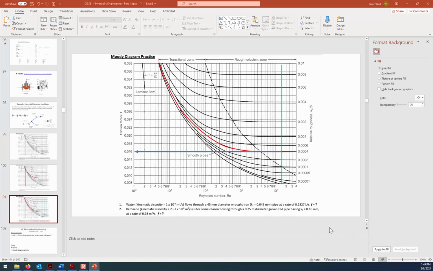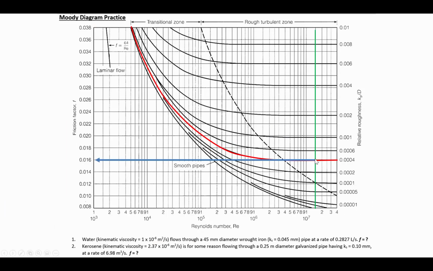All right, so here's our high 1.5 times 10 to the 7th Reynolds number. Here is our relative roughness curve, and it's not yet in the curved part. This is the flat part where we're in the rough turbulent zone. So we just go sideways, and it's 0.016.